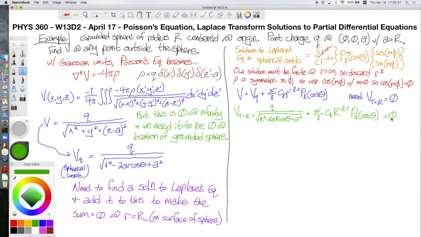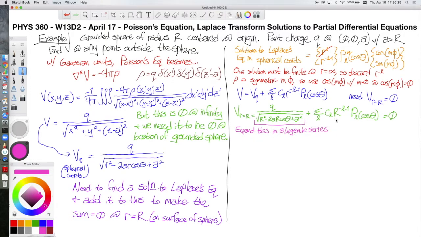So we need our V evaluated at r equals big R, which equals q over the square root of big R squared minus 2a big R cosine theta plus a squared, plus the sum over L of C sub L big R to the negative L minus 1 times the Legendre polynomial of cosine of theta. And it's going to be helpful here if we can expand this first term in a Legendre series, as a linear combination of Legendre polynomials, so that we can add these two terms together more easily.